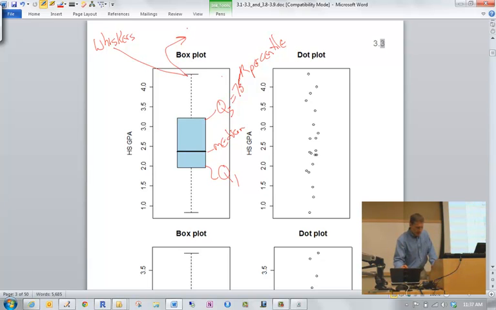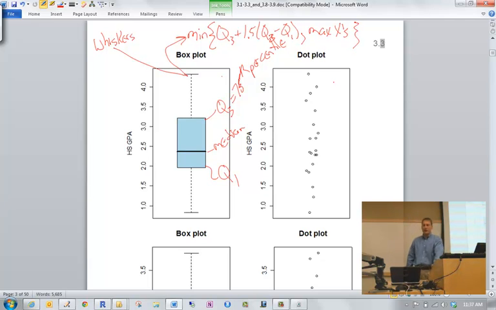This is the minimum of one of two quantities. Q3 plus 1.5 times the quantity Q3 minus Q1. That's one of the two quantities. And then the other one is the maximum of the x's, without getting too mathematical in how I represent it.